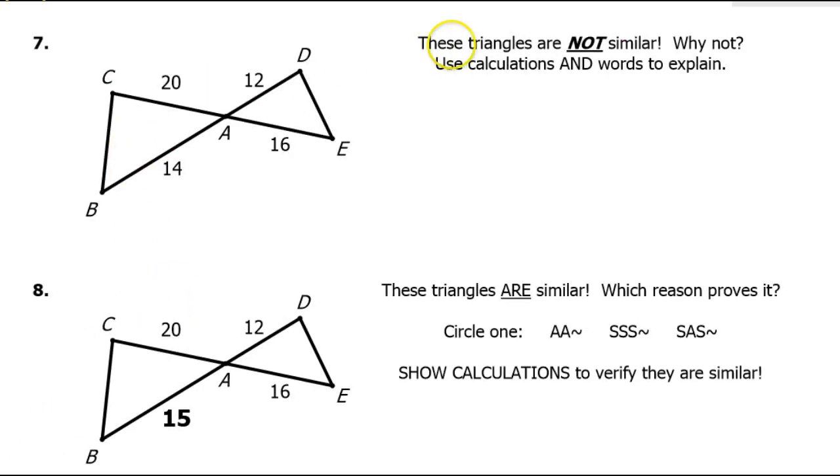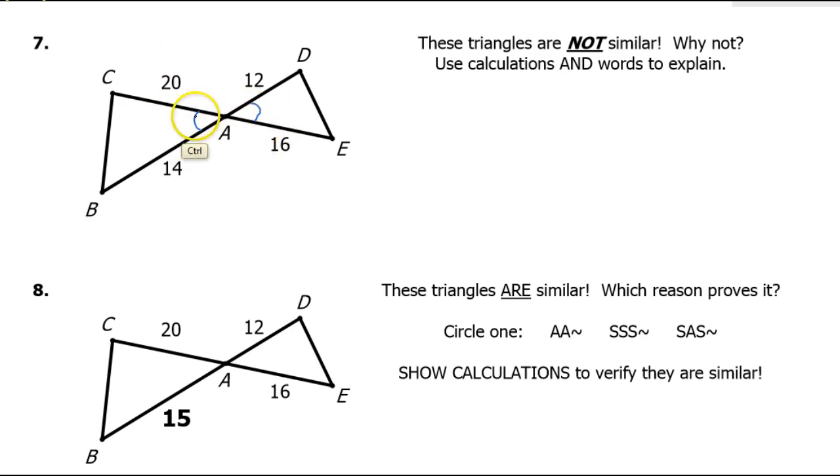Alright, number 7, we are told that these triangles are not similar. Why not? Use calculations and words to explain. Well, I have a pair of angles that are congruent. Even though they were not marked from the beginning, that is okay. Vertical angles are always congruent, so I can go ahead and mark them.